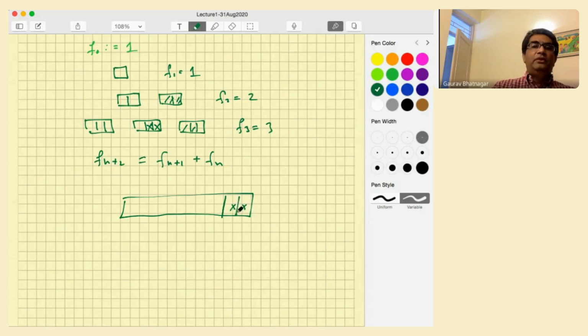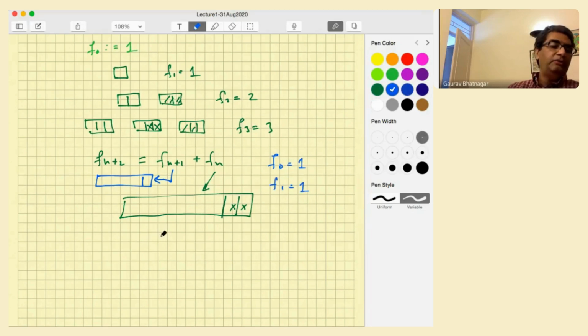If this is a domino, then this is the number of ways of tiling, Fn. And if the last piece is just a square, then f of n plus 1 is the number to tile the rest of them. So this is true, and f of 0 is equal to 1 and f of 1 equal to 1.